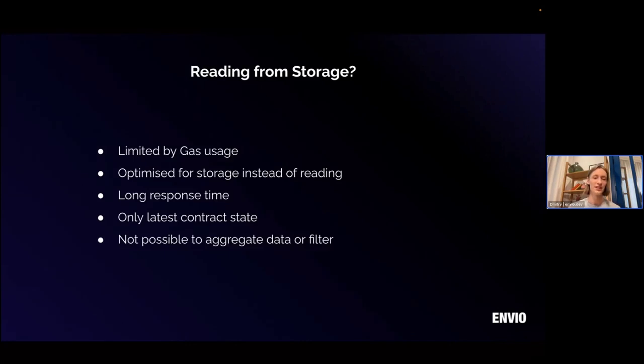The first one is that it's limited by gas usage, and even though technically reading the contract data is free, it's not always the case. Also, smart contract storage is optimized for storing data instead of reading, because storing is the most gas expensive operation compared to reading.